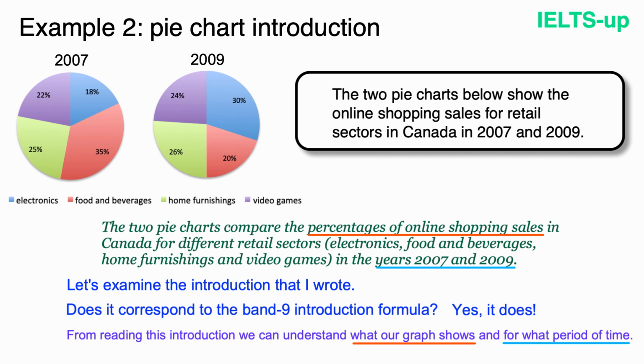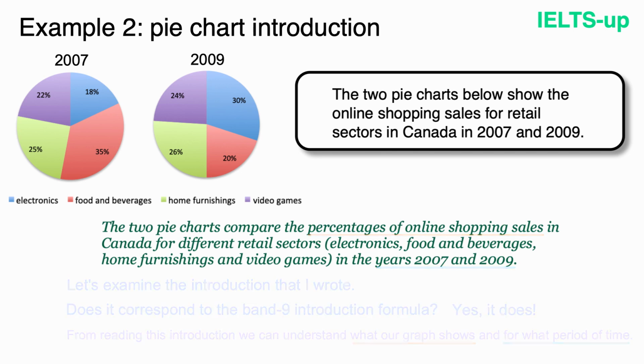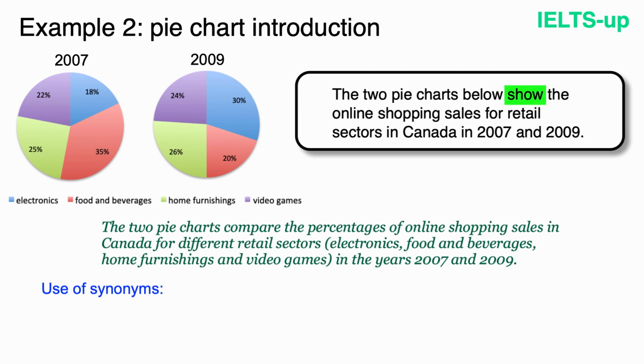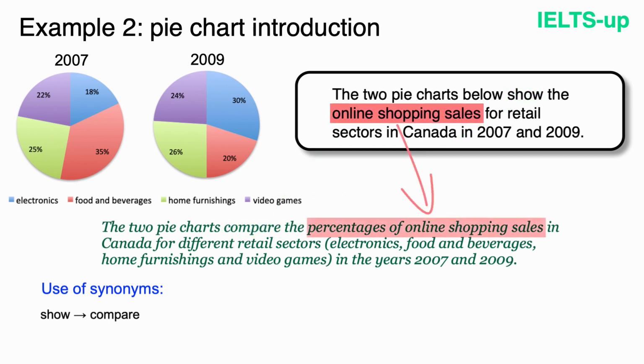Okay, that's good. Now, let's take a look at how I used synonyms here. In the original question card, we had the word show, which I replaced by the word compare. Then, I paraphrased online shopping sales as percentages of online shopping sales.